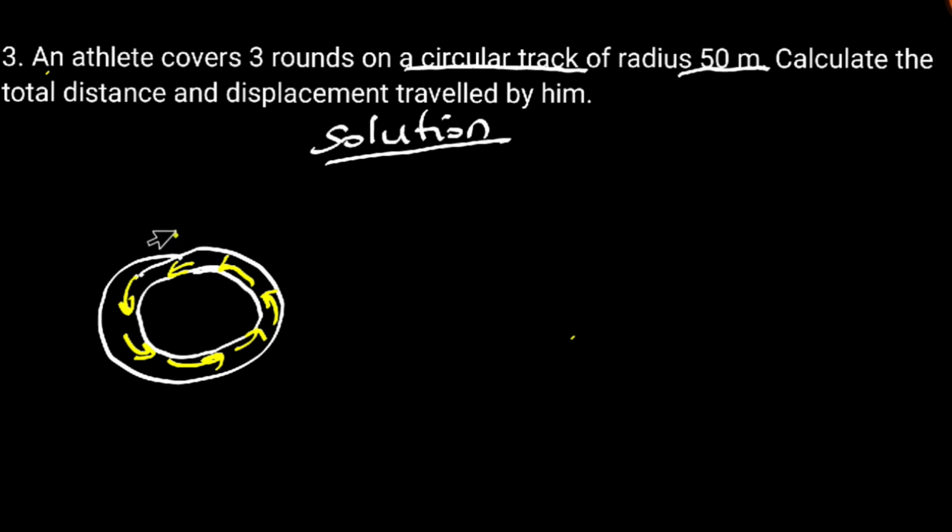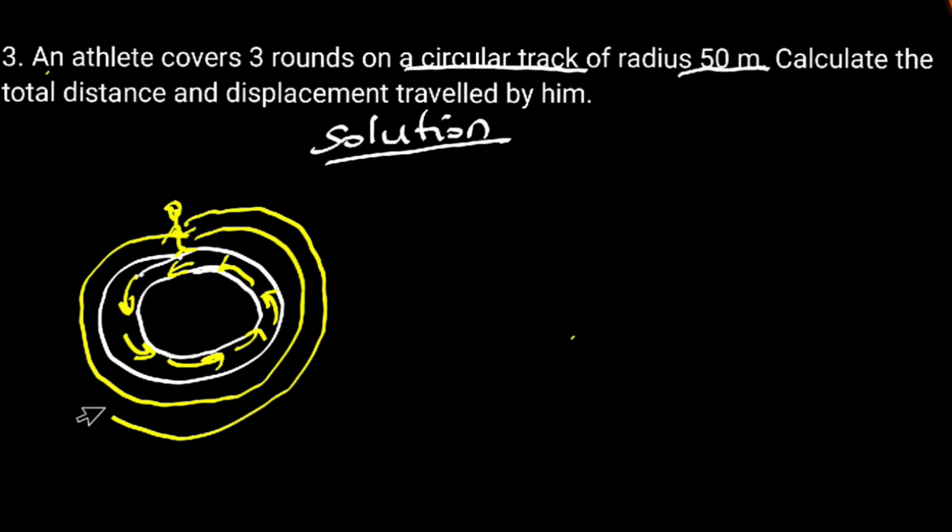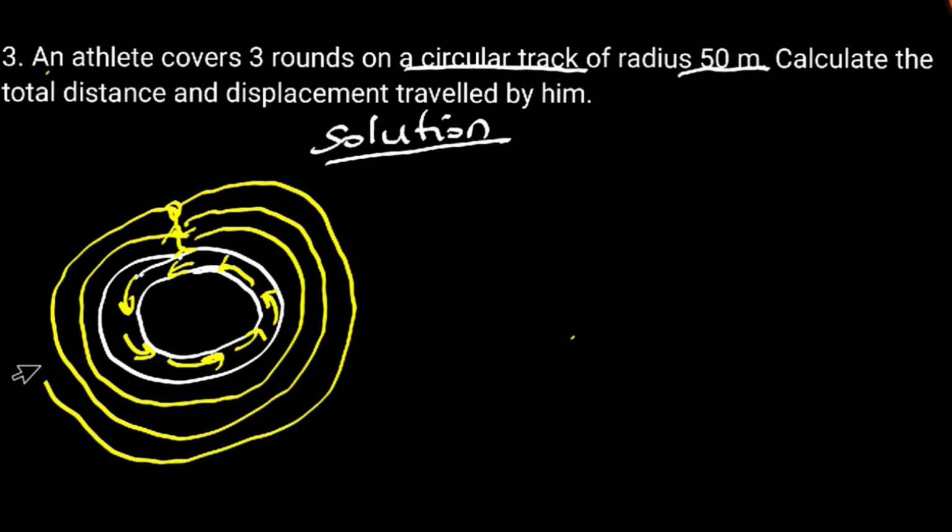Assuming the athlete started here, he covered this the first time, then the second time, and then the third time. He ended at his or her starting point. So we now say calculate the total distance and displacement traveled by him.